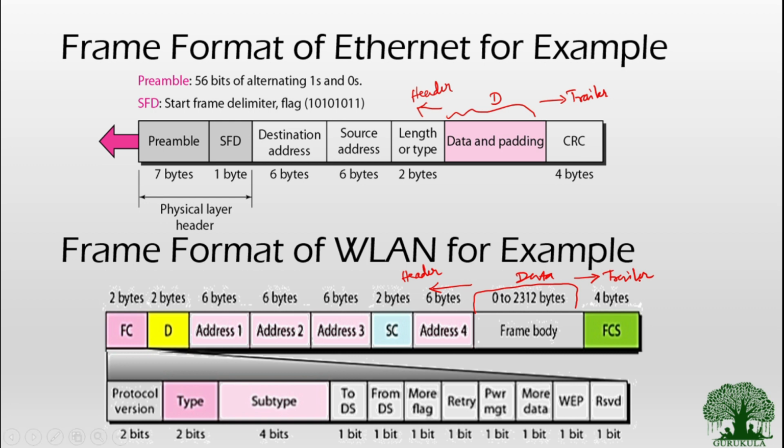The main thing to keep in mind here is that the frame will vary depending upon the protocol that we use to communicate the message from one node to another, be it an Ethernet protocol or any wireless protocol. Each and every protocol will have its own frame format, and this frame format must be agreed upon by both sender and receiver before the start of the transmission of the frame.